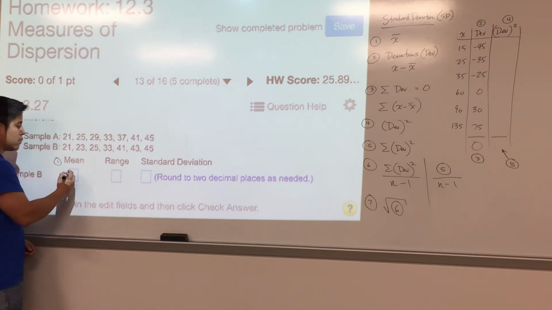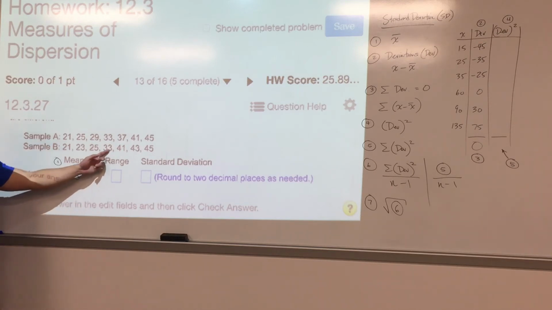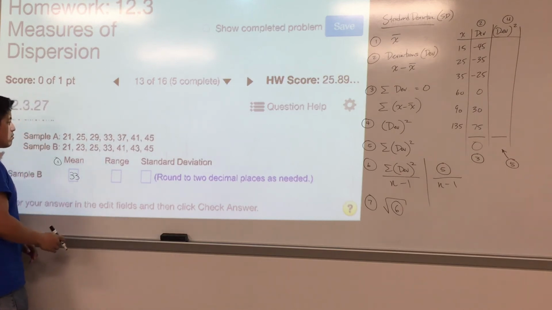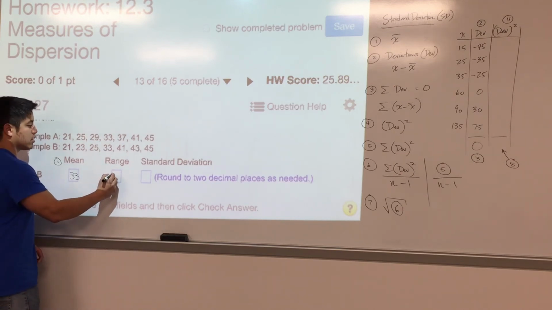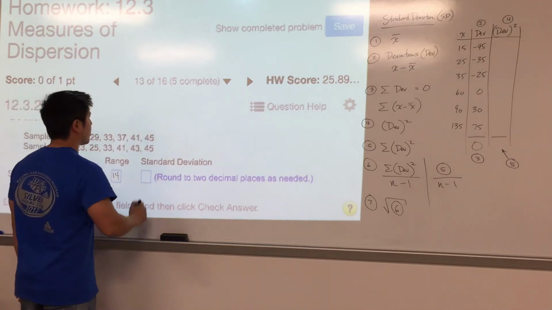Ah, 33 again. Well, well, well. Okay. I really wish we didn't have a problem where the mean and one of the data points were the same, but whatever. Range, same range, right? This one's the same range as the other one. And so let's go calculate the standard deviation.